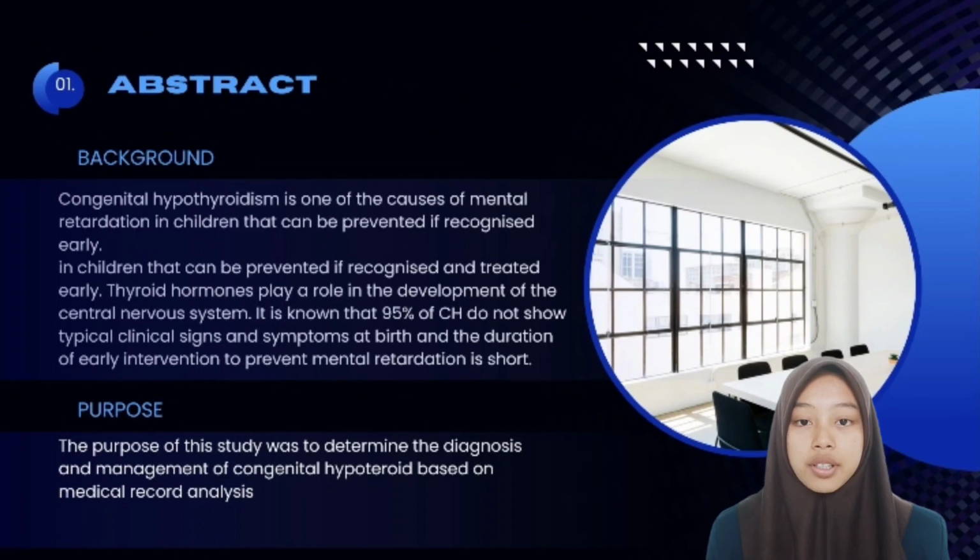Thyroid hormones play a role in the development of the central nervous system. It is known that 95% of CH do not show typical clinical signs and symptoms at birth, and the duration of early intervention to prevent mental retardation is short.